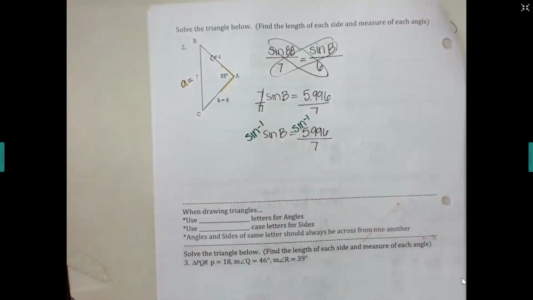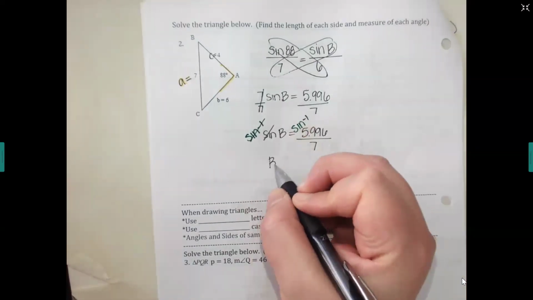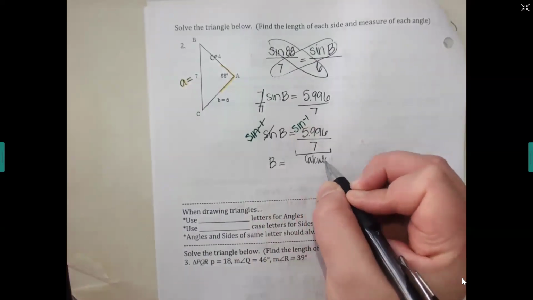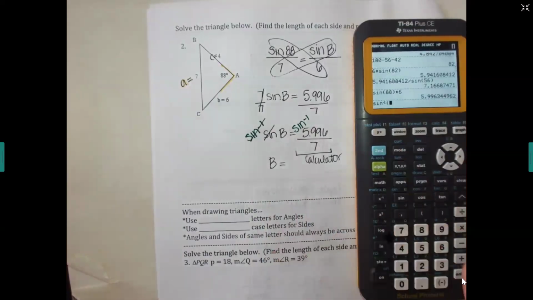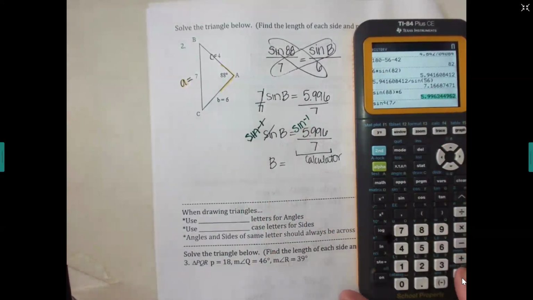And remember that inverse sine cancels out regular sine. So all I'm going to be left with is b equals, and then I'll put that into the calculator.